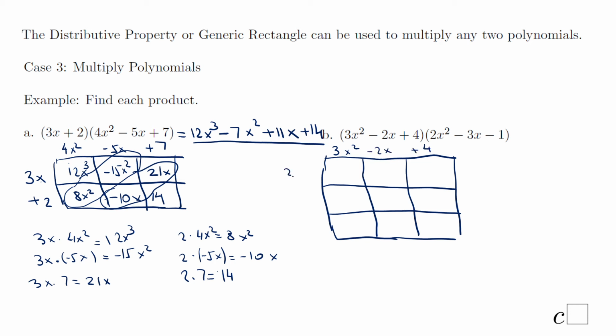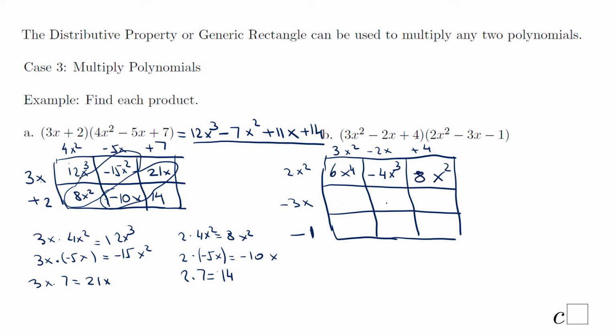And here I'm going to have 2x squared minus 3x minus 1. So we're going to fill these 9 boxes. And we have here 2x squared times 3x squared, that is 6x to the 4th power. Second box here, we have 2x squared times negative 2x, that is going to be negative 4x cubed. 2x squared times 4, that will be 8x squared.